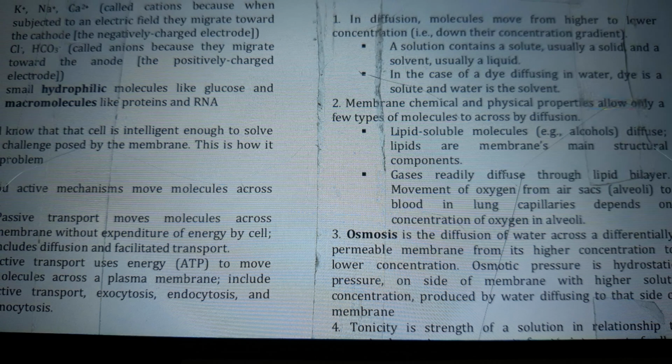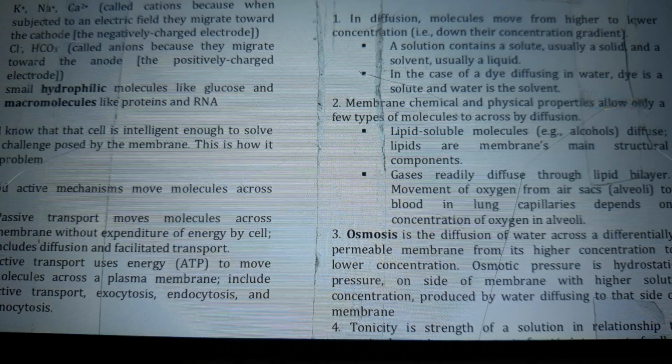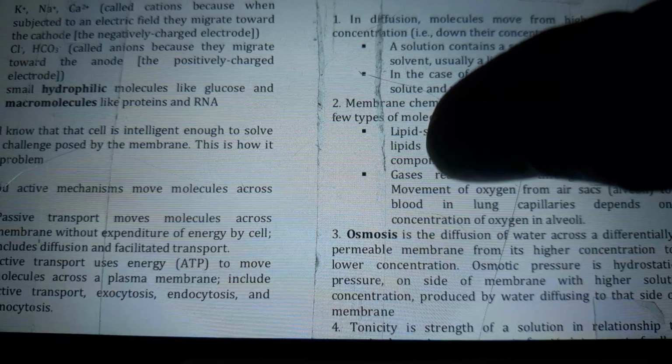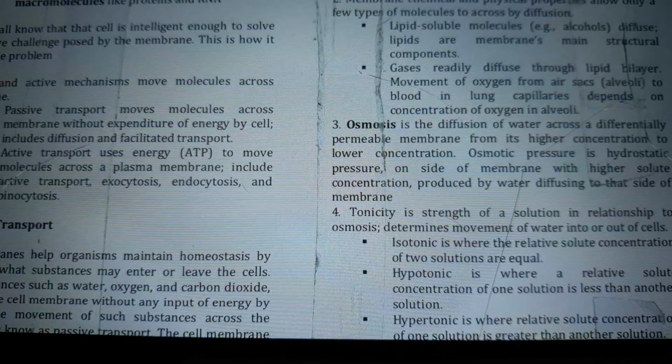But we all know that the cell is intelligent enough to solve the above challenge posed by the membrane. This is how it solves the problem. Passive and active mechanisms move molecules across the membrane.